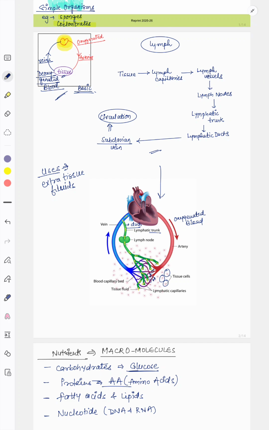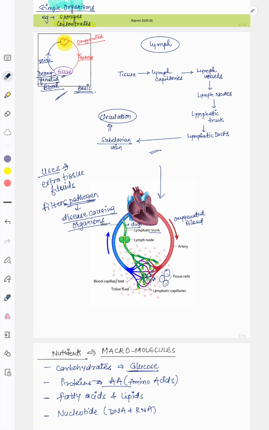Plus, a very important use of this lymph is it filters pathogens. What is a pathogen, children? A pathogen is a disease-causing organism. For example, any virus, any bacteria in our body which can cause disease will be a pathogen.